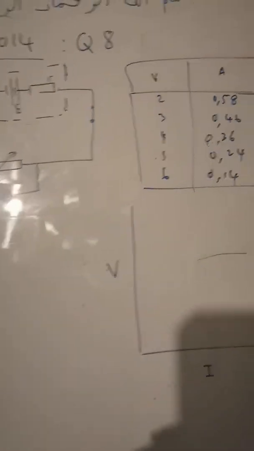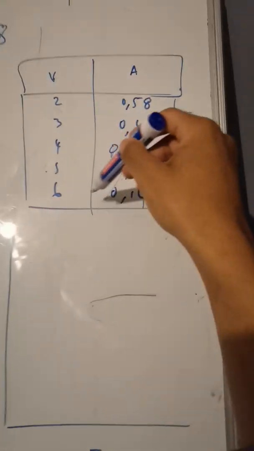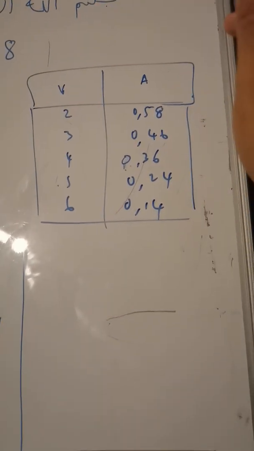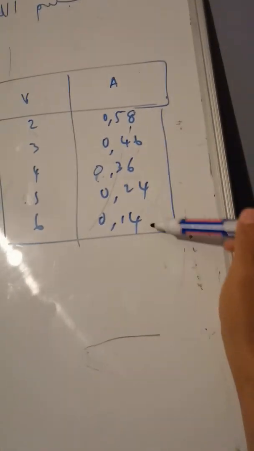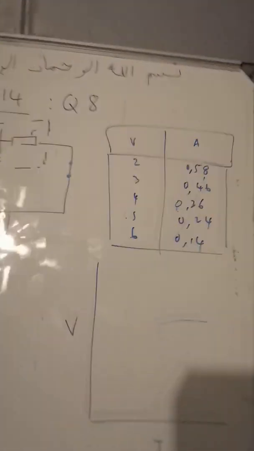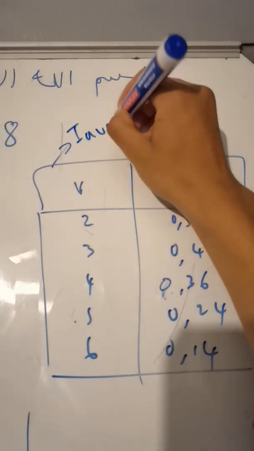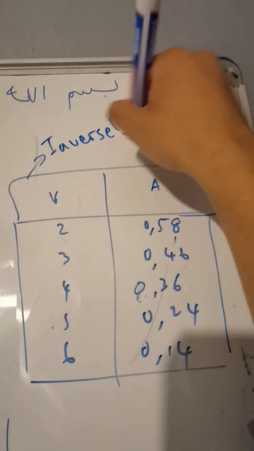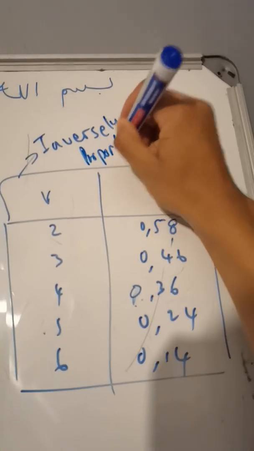So the reading on the voltmeter: as you can see, as the voltmeter reading increases, the ammeter reading decreases. You can clearly see that from 2 to 6 and 0.58 to 0.14. So we can understand that the voltage and the current are inversely proportional.